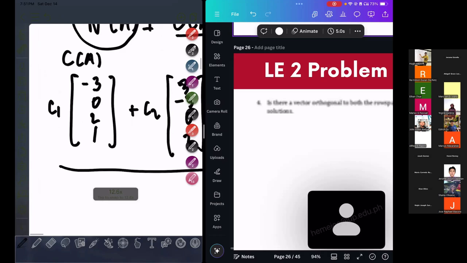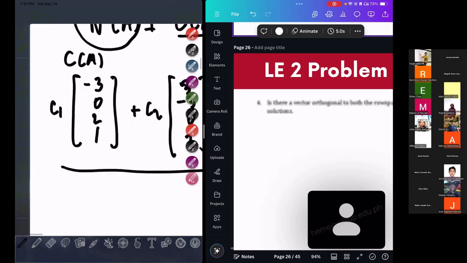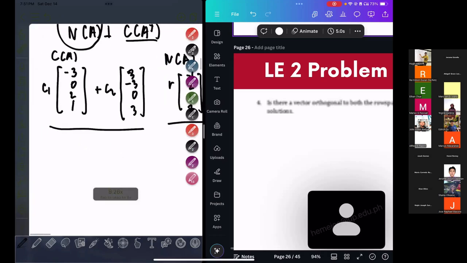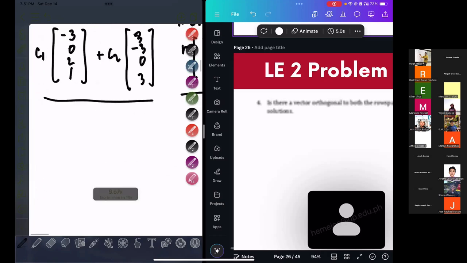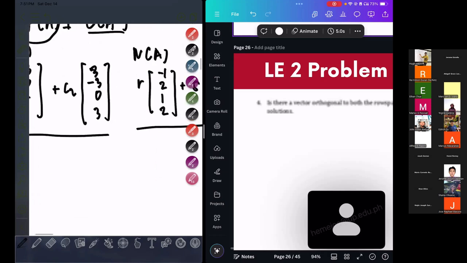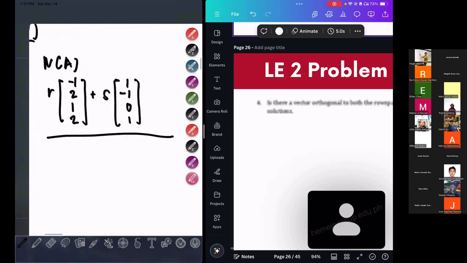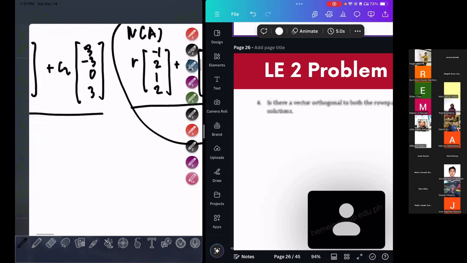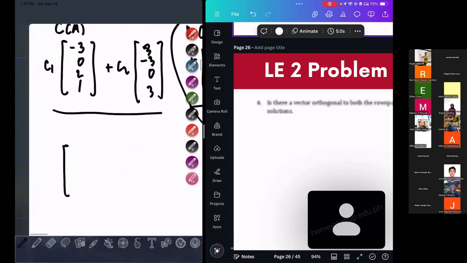So let's say this singular vector, alam natin that's part of the column space, and this singular vector. What we can do to make this solution easier is to just test it individually. So let's try to find a linear combination of the null space that yields this specific vector.